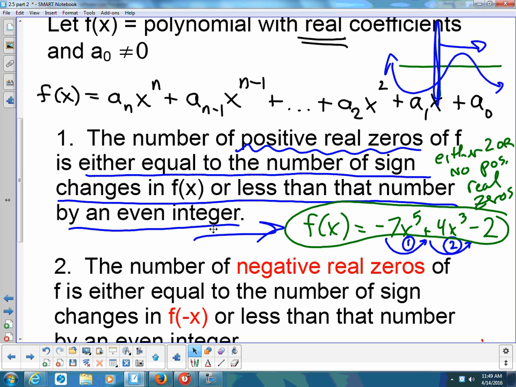And it turned out to be none. Is that correct for that graph? So what happened to the other 2? We said it was a degree 5, right? So we know we're guaranteed to have 5 zeros altogether. So what happened to the 2 zeros I was down to? It was either 2 or none. But if we're down by 2, those 2 must be picked up by what kind of zeros?